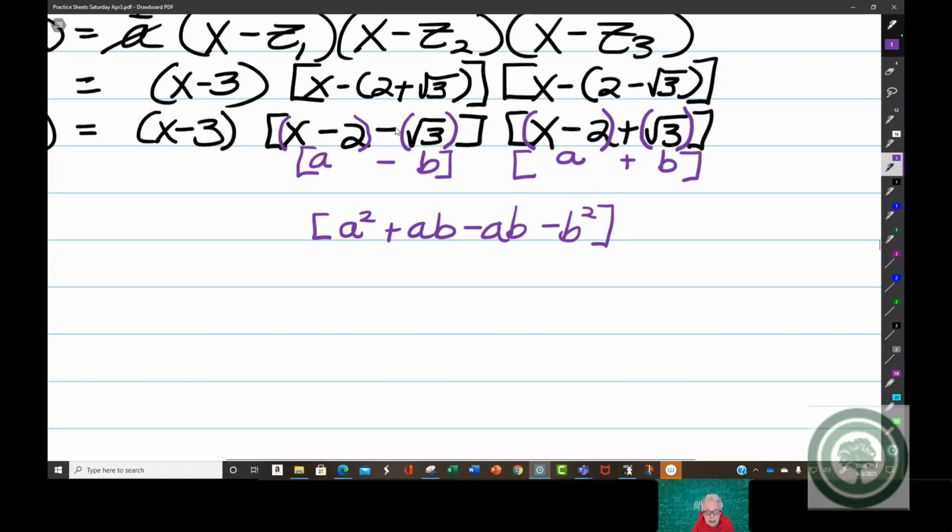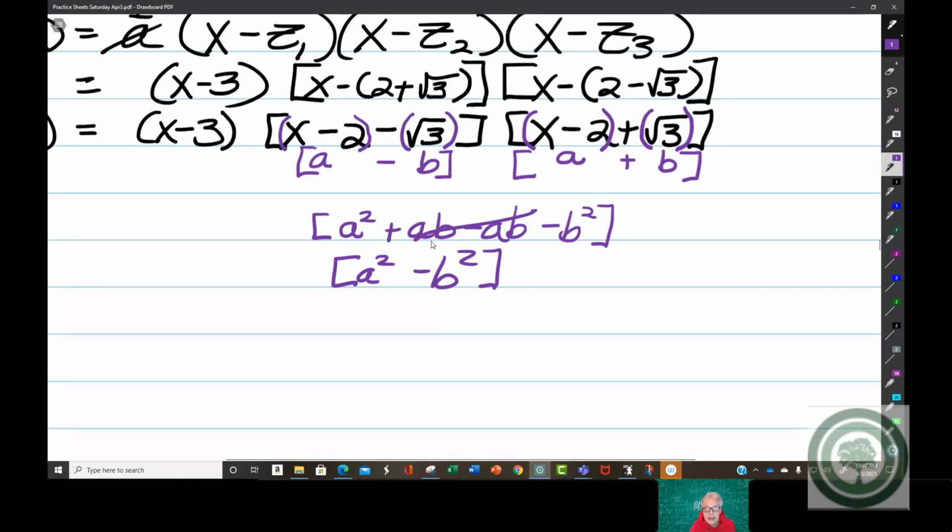The only difference is the sign in the middle, which gave me A minus B and A plus B, and when I multiply them, look how A times B minus A times B. There you go. They equal 0. I mean, AB minus AB is 0. So all I've got here is A squared minus B squared. Is that cool?